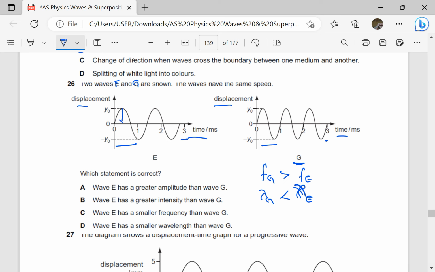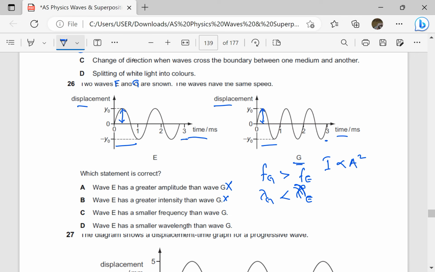By sight, you notice that the amplitudes are almost the same, so this is not going to be true. Wave E has a greater intensity than wave G. Intensity is directly proportional to amplitude squared, but they have the same amplitude, so this is not true.